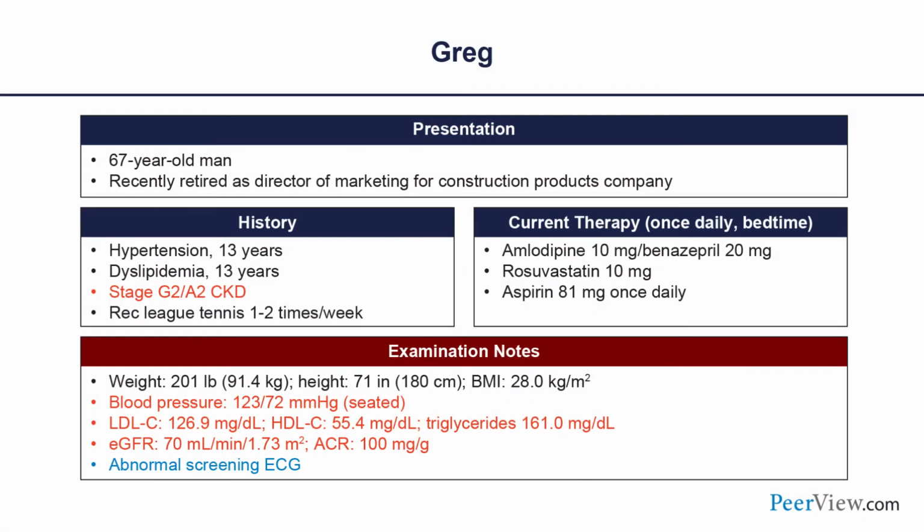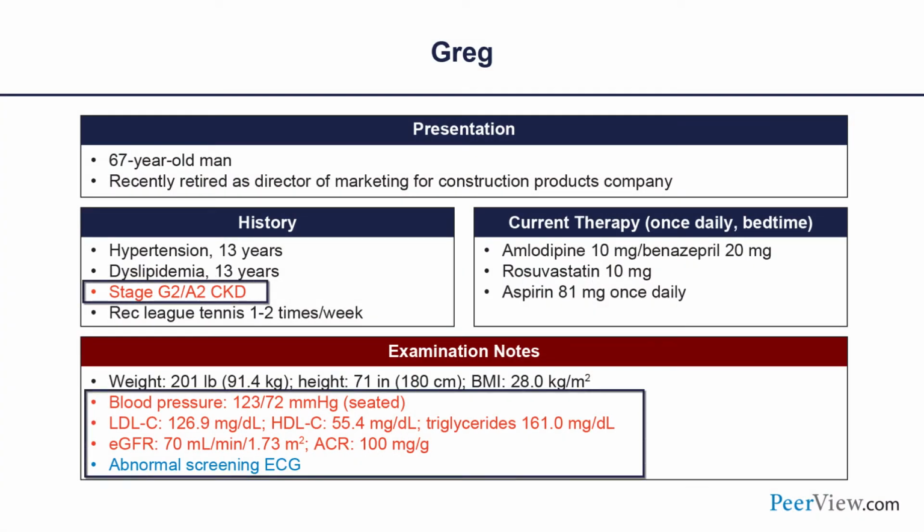is abnormal electrocardiogram. If you look at the case that we have been following through, we now have the information of glomerular filtration rate in this patient, which is 70 mL per minute. How do you classify a patient across the spectrum of chronic kidney disease? The most common classification scheme which is used is KDOQI nomenclature, which is Kidney Disease Outcomes and Quality Improvement Initiative nomenclature.